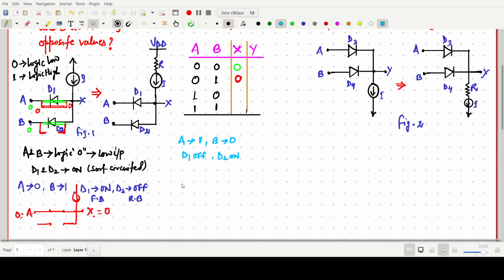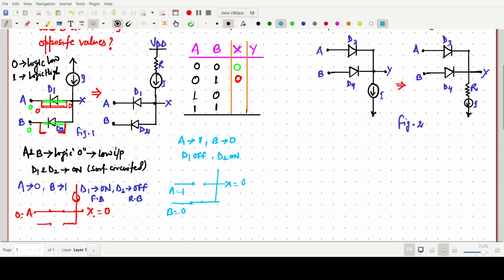This one will be open for A equal to 1, and for B equal to 0 this is the circuit. Again this value will come to X as 0. In this case 1 0, not an issue, it should be 0.